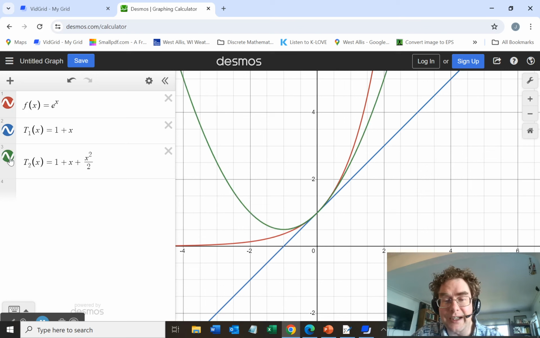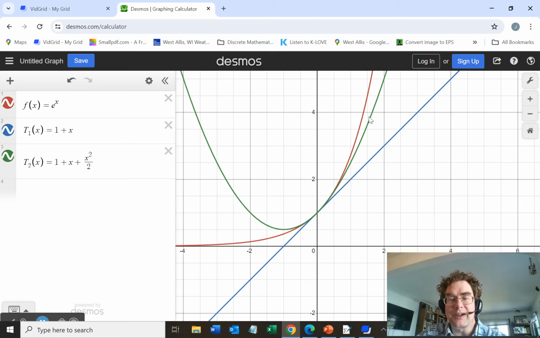Okay, there it is in green. And you can see that, yeah, it does. It's curvy for one thing, and it actually stays fairly close to the graph of that exponential function. Again, not super long term. It starts curving away. It curves back up if you go over to the left, whereas the exponential function keeps going down and approaching the x-axis.